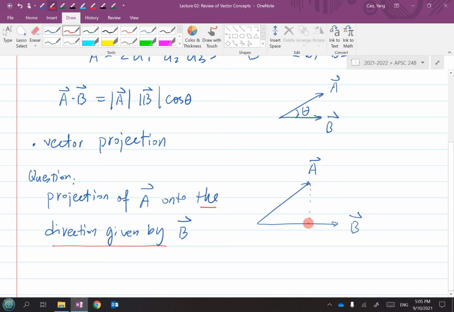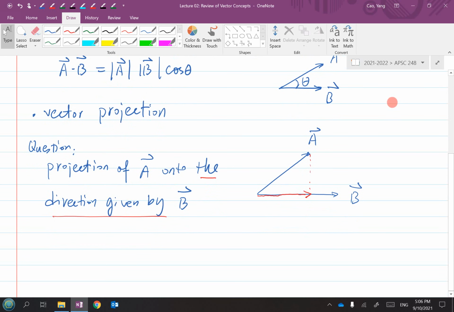So that's 90 degrees, and then from here to here, this red one is what we call the projection of A onto the direction given by B. So the question is, what's the red part? How do I find the red vector? When you project A onto B, you still get a vector.